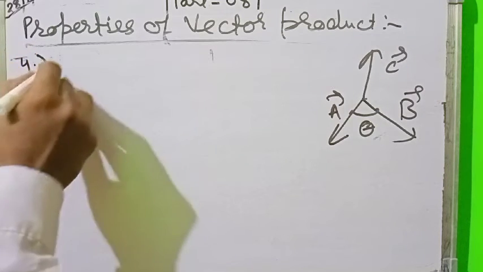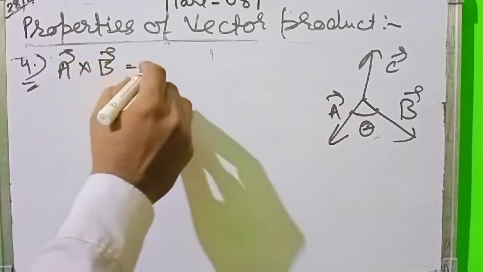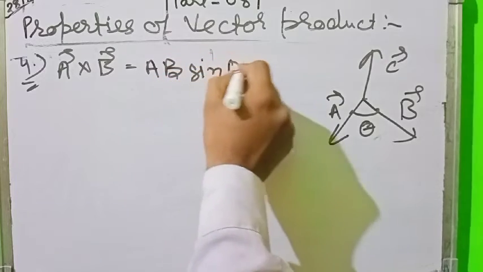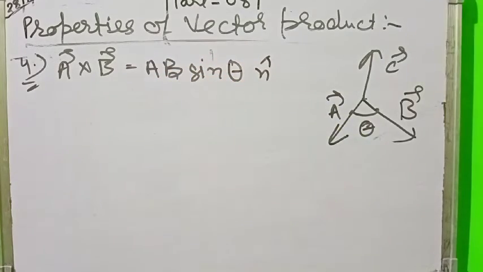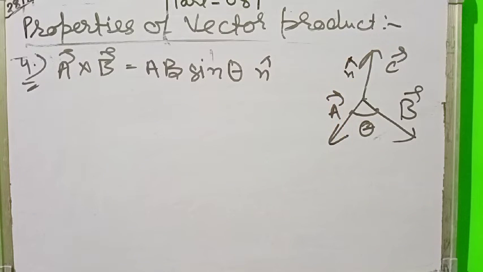By definition, vector A cross vector B can be written as AB sin theta n cap, where n cap is the unit vector showing the direction of the C vector.